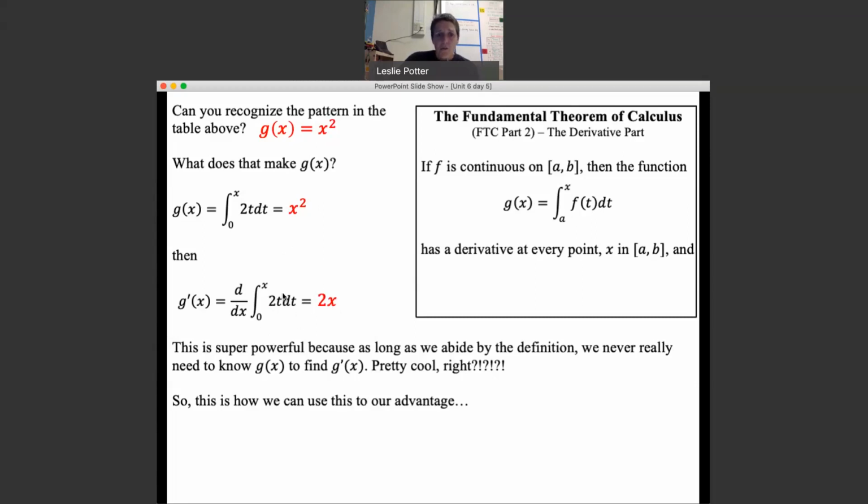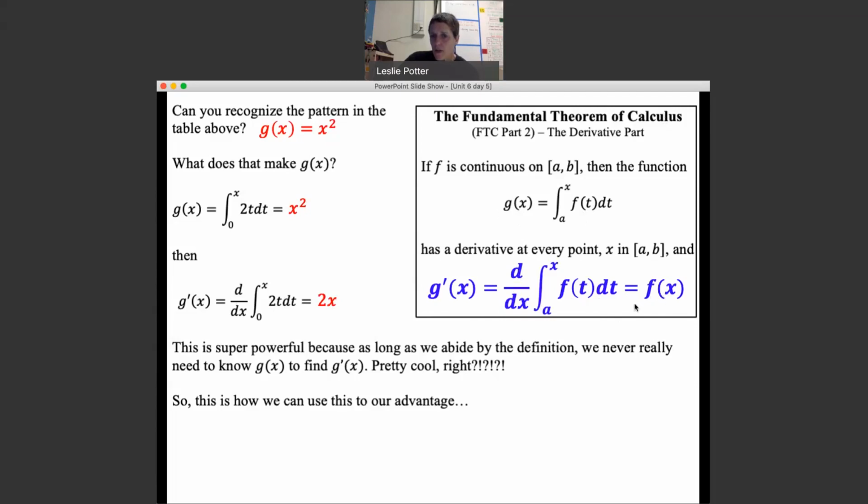And that is super cool because as long as we abide by this definition, and we're going to go over what this definition is later, we know that if we just differentiate the accumulation function, we get back what we started with. And that's what the fundamental theorem of calculus says.